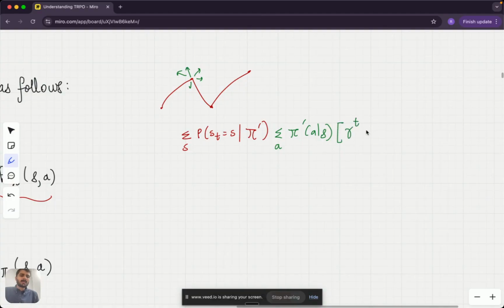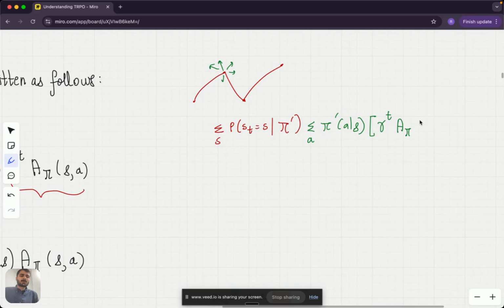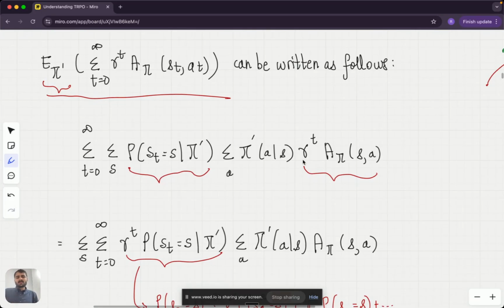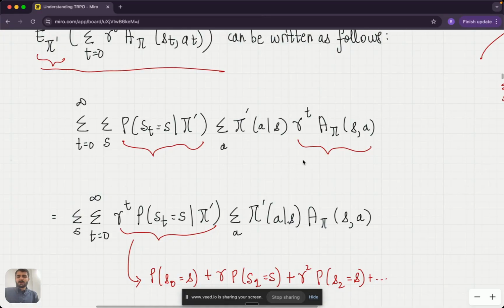So, gamma raised to t times the advantage of pi dash, S comma A. Essentially, this expression is nothing but expanding the expectation operation to include all the states and actions which the agent is encountering. It's quite intuitive.